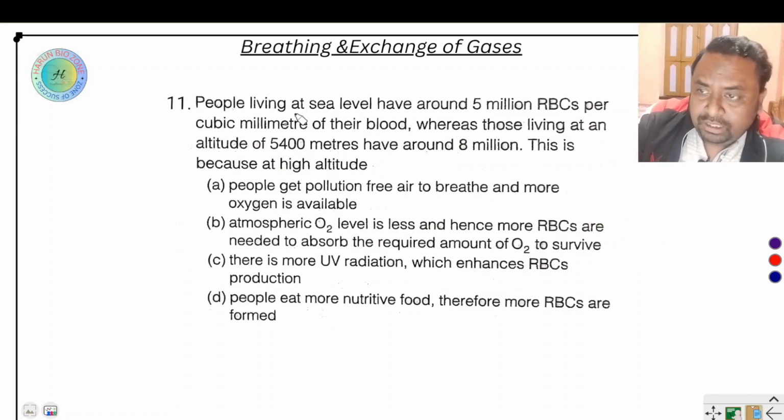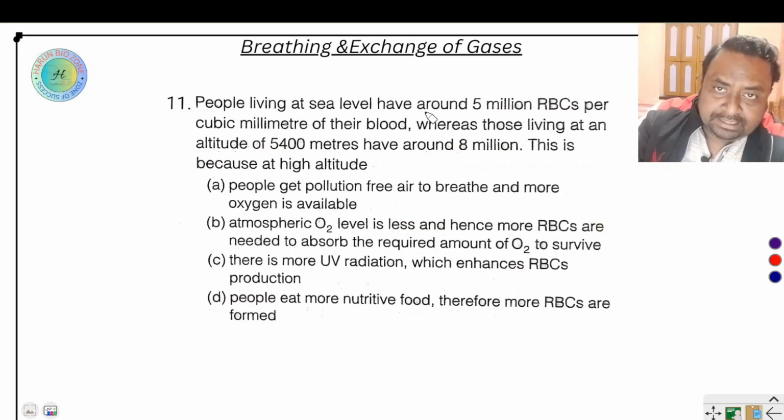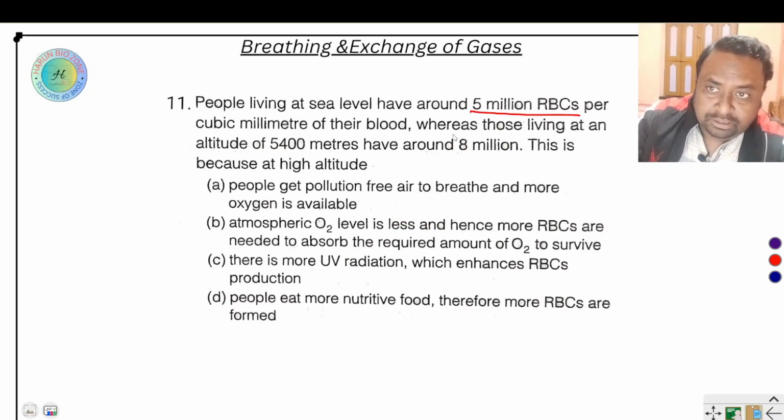Next question: people living at sea level have around 5 million RBC per cubic millimeter of their blood, whereas those living at an altitude of 5400 meters have around 8 million.